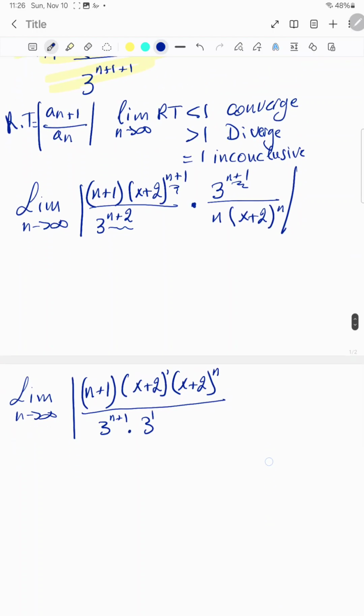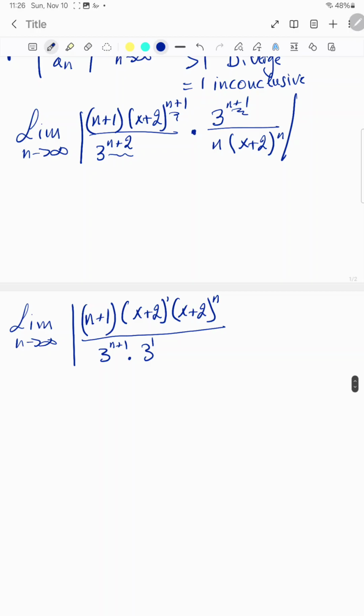So it becomes 3 to the power n plus 2, times 3 to the power n plus 1, divided by n times (x plus 2) to the power of n.